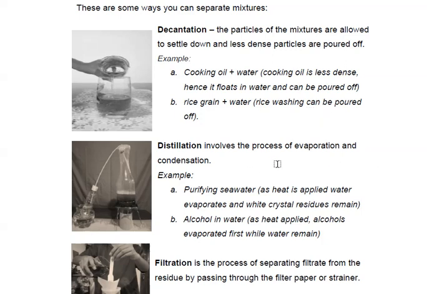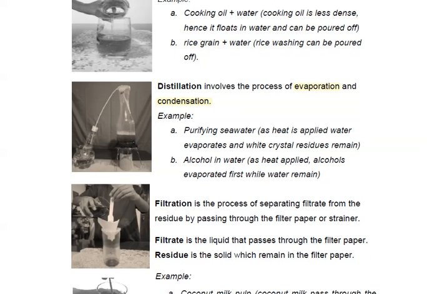Distillation is another process of evaporation and condensation. So, here, distillation uses heat, no? Gagamit ta sa heat. So, for example, purifying seawater, heat is applied and water evaporates, and of course, the white crystal residue remains.